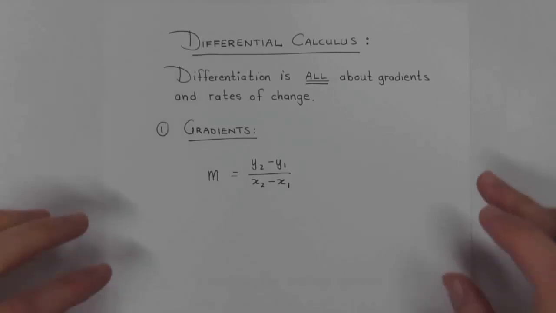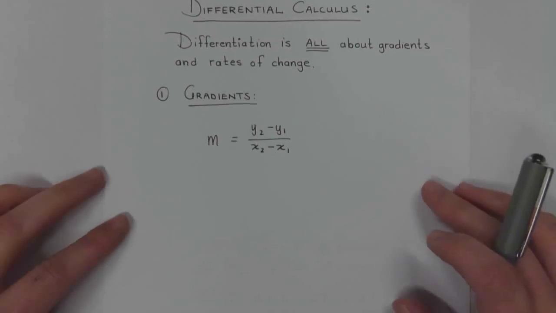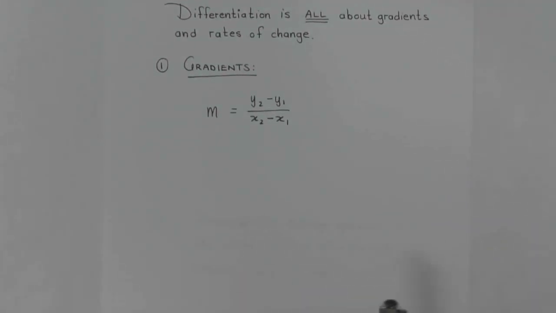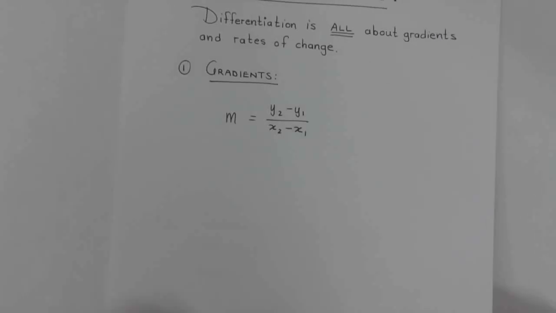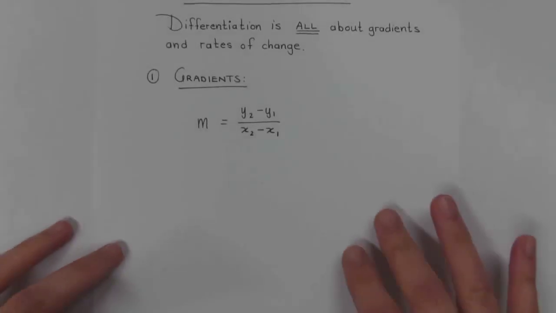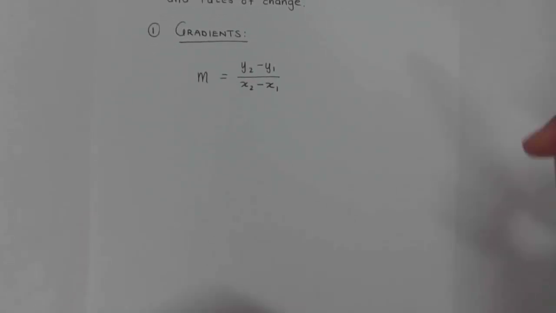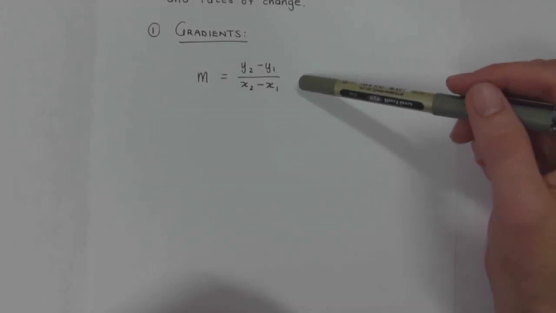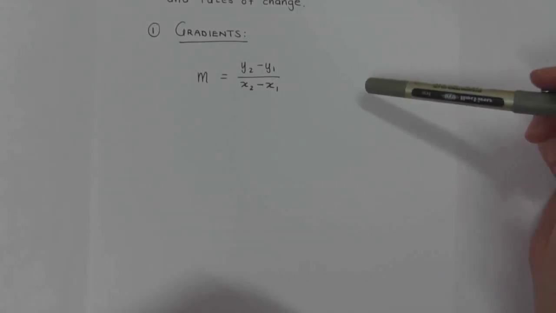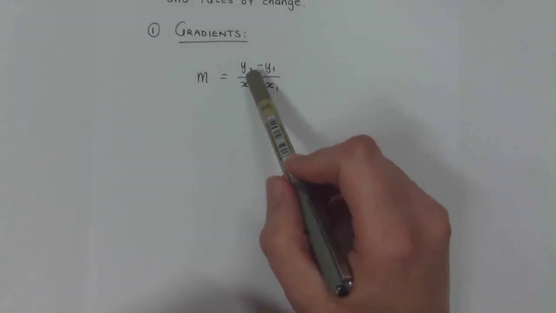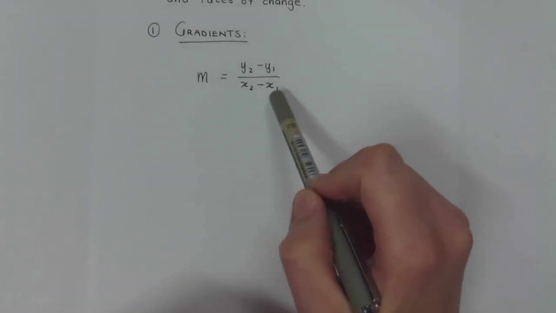So in order to do that, we need to go back a little bit and talk about gradients first. When we talk about gradients, you will notice over here the stock standard formula for gradient: y2 minus y1 over x2 minus x1.